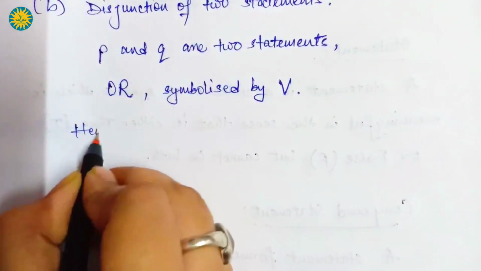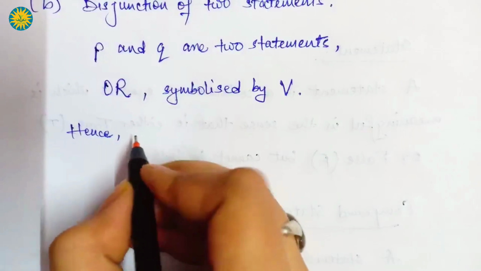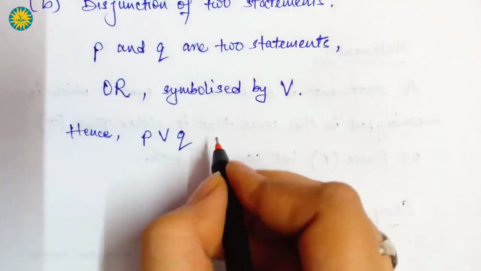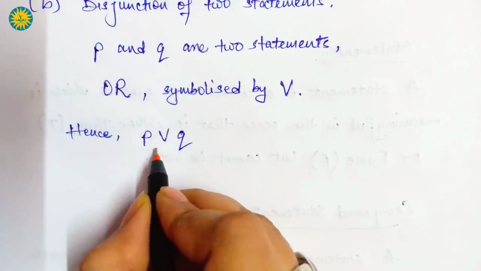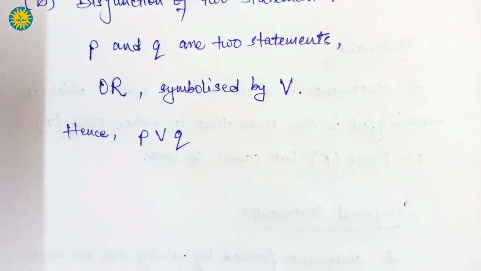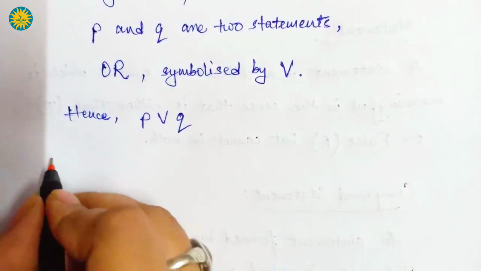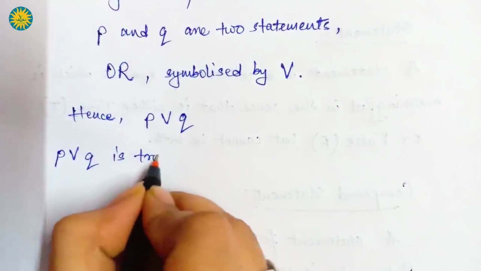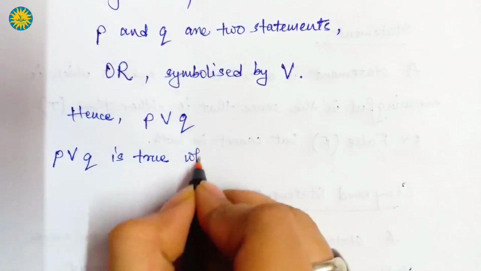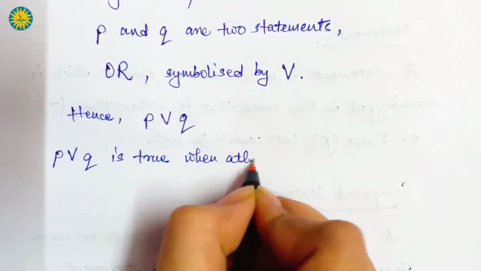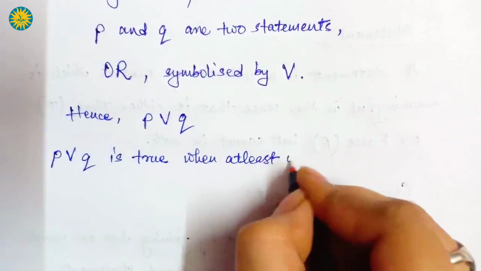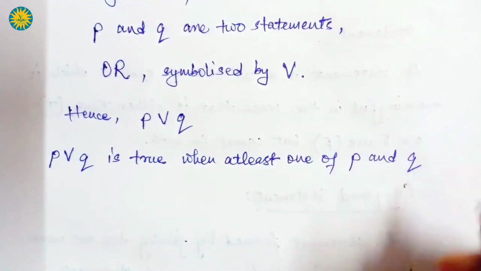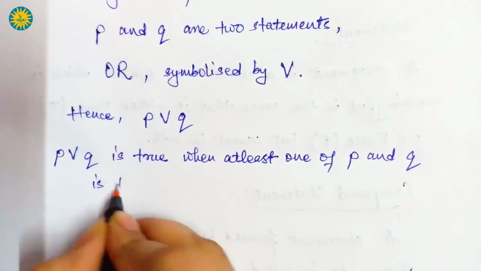Hence, P or Q, this is read as or. Then P or Q is true when at least one of P and Q is true.